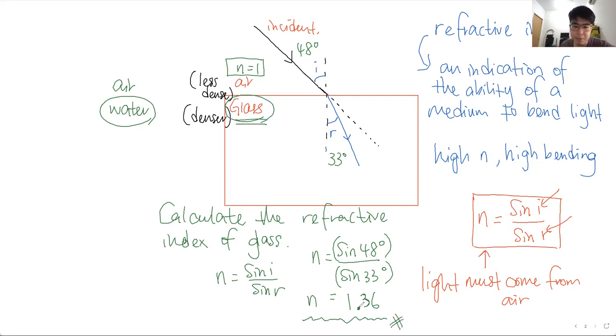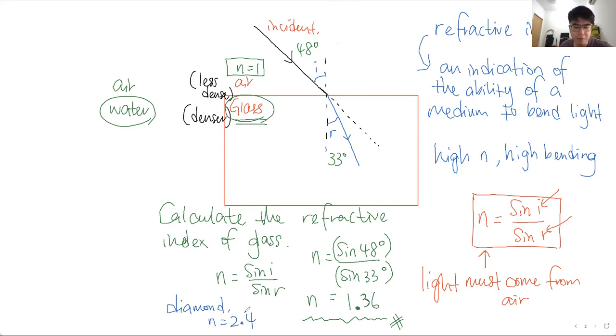And this is a measurement. It has no unit, just 1.36. It's just an indication of the ability of it to bend the light. The higher this is, the higher the bending. For example, diamond has a refractive index n of 2.4. That is very, very high.